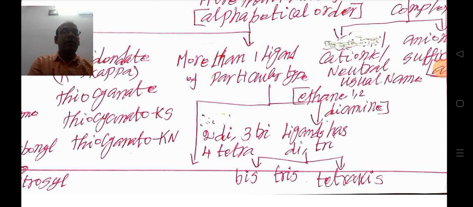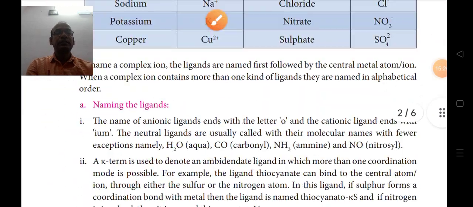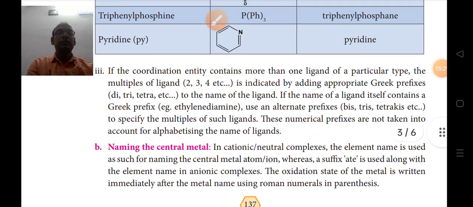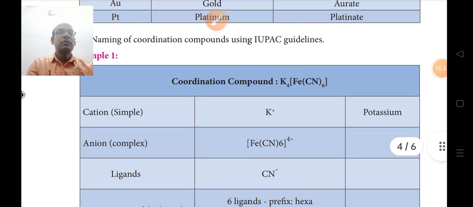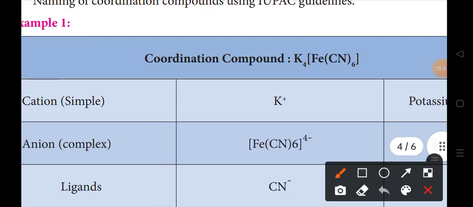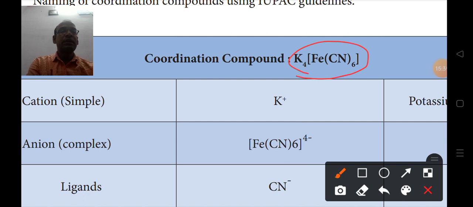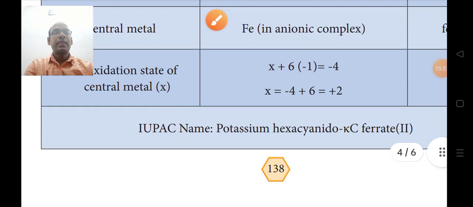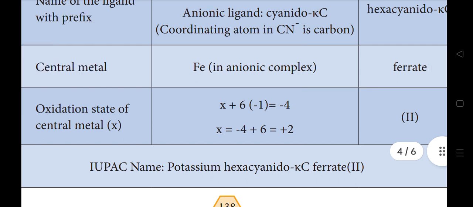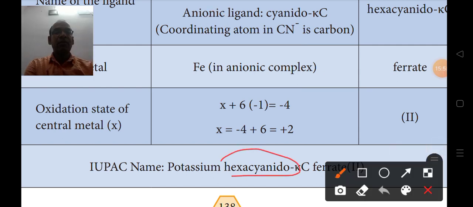For example, in this coordination compound, CN is cyanide, and six cyanides are denoted by hexacyanido. Hexa, 6, is indicated by the hexa.